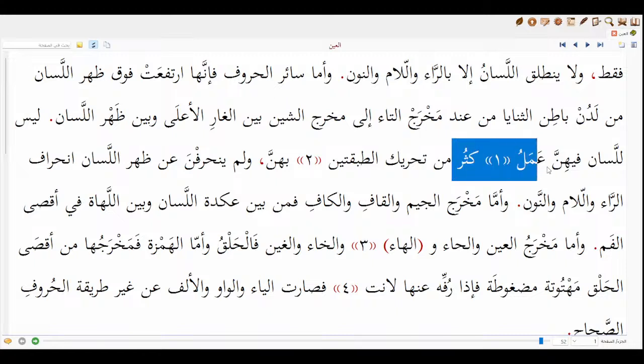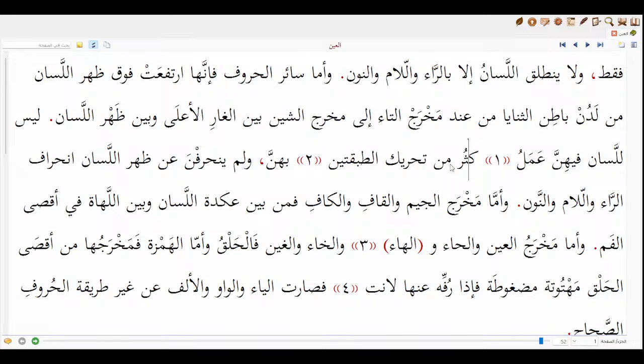So ليس فيهن عمل كثر. Or he's saying عمل كثر. I don't know what exactly the i'rab of this is, but the meaning is that the tongue doesn't have a lot of movement in the pronunciation of those letters.